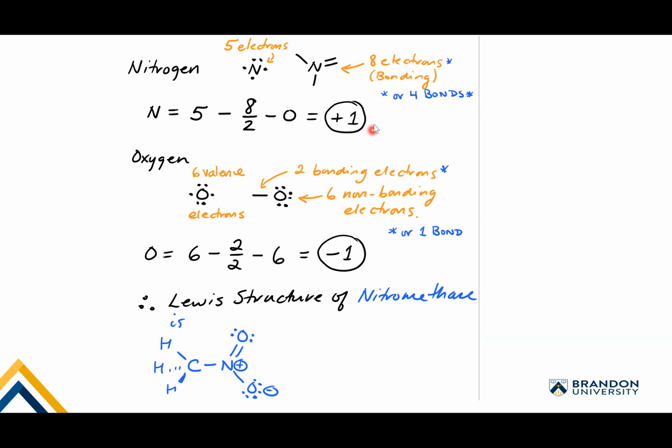So nitrogen would be carrying a formal charge of plus, oxygen would be carrying a formal charge of minus, and overall, the molecule is still neutral because plus and minus equals 0. So in nitromethane's Lewis structure, the nitrogen would have a formal charge and the oxygen would have a formal charge, and they'd be opposite. And that would be the correct Lewis structure of nitromethane.